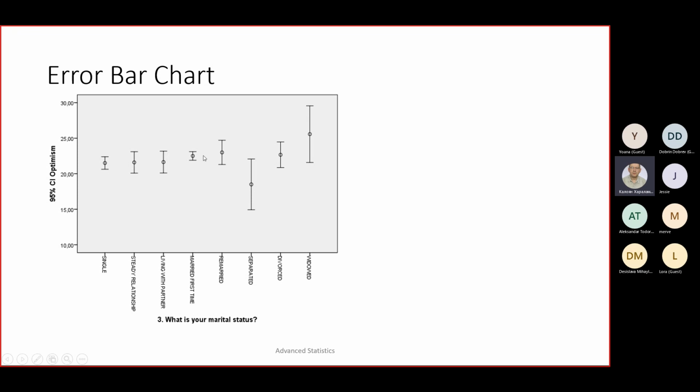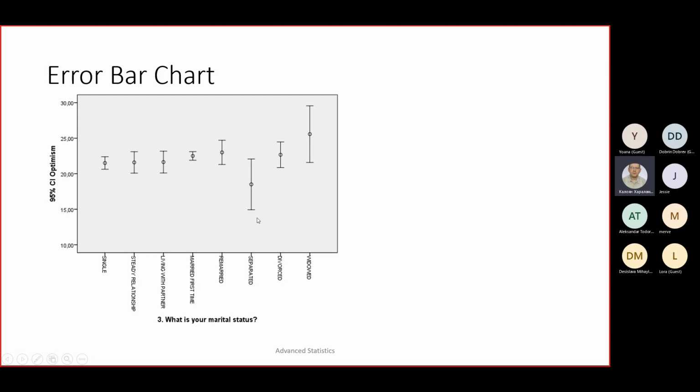These points here, these small circles represent average scores, average means, and these whiskers represent sampling errors.